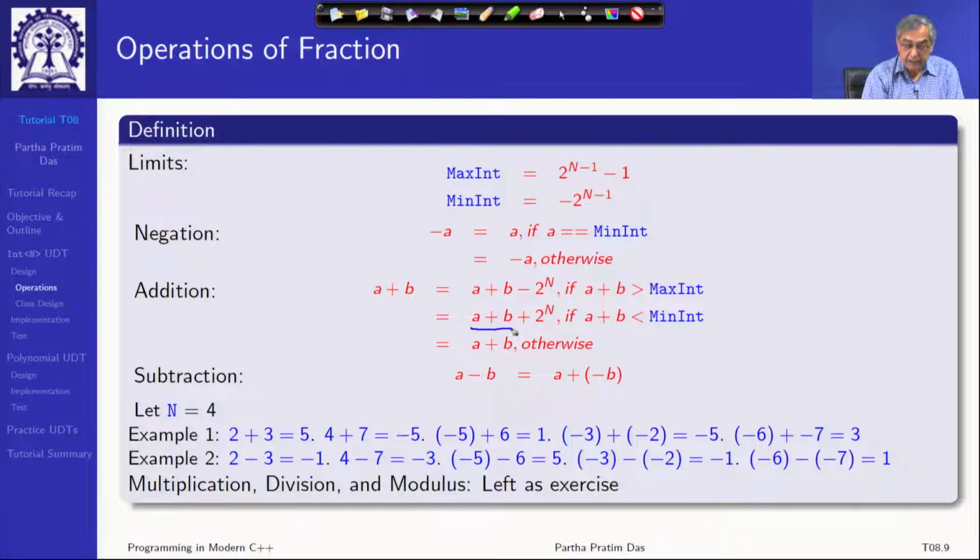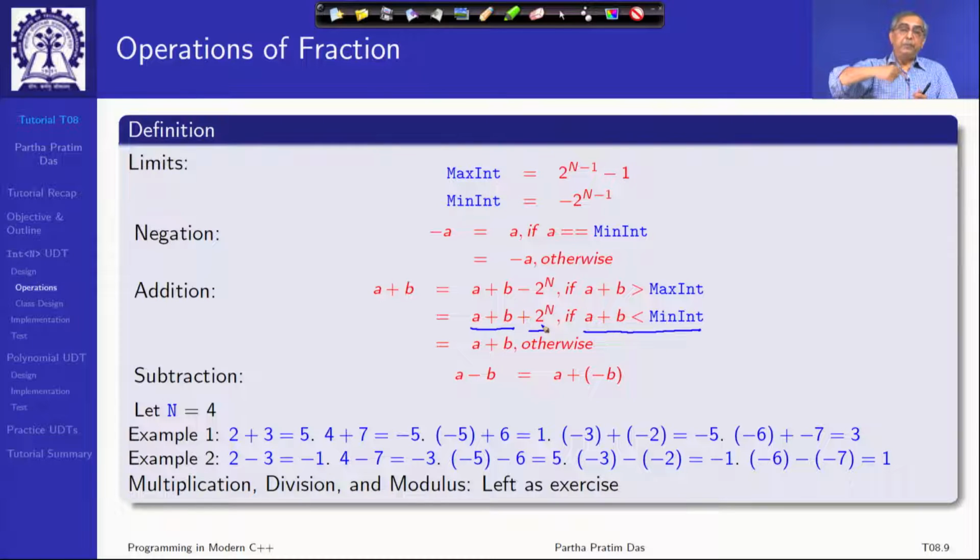Similarly, because a and b could be negatives also, if your addition gives you a number which is less than min int in the actual algebra, then you will have to add 2 to the power n. Why? Because if you go below min int, you wrap around and go up to max int, then keep coming down.